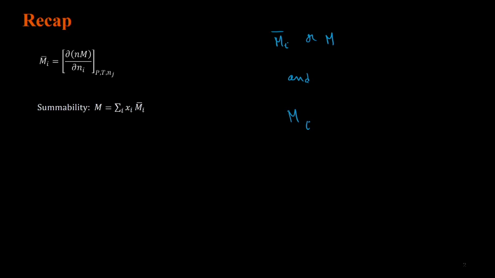If I can somehow relate these quantities, then I can at least predict how the mixture is going to likely behave. To be able to do that, we start off with the easiest type of mixtures we can predict.